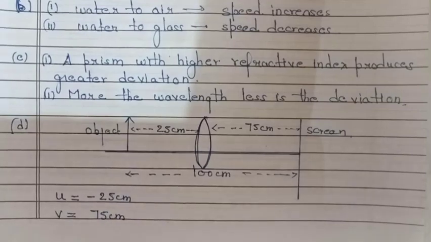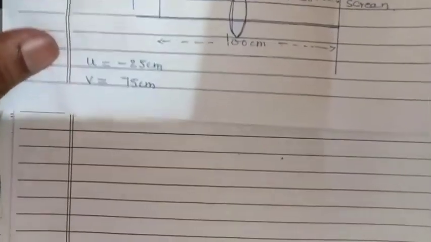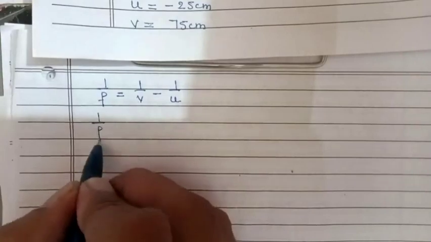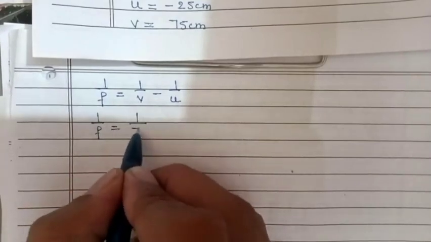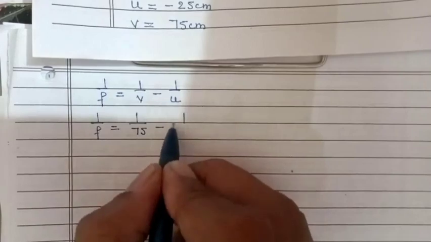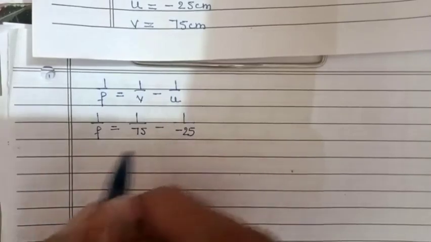Okay, now the question says we have to find the focal length. So let's find the focal length using this information. To find the focal length, we can use the formula 1 upon f is equal to 1 upon v minus 1 upon u. Okay, v we have taken as positive 75, u is negative 25, right?